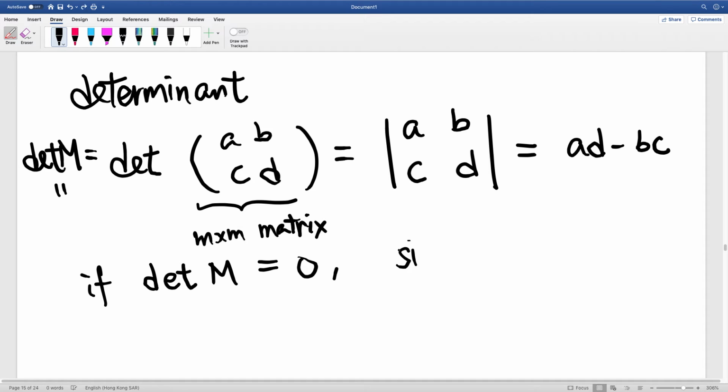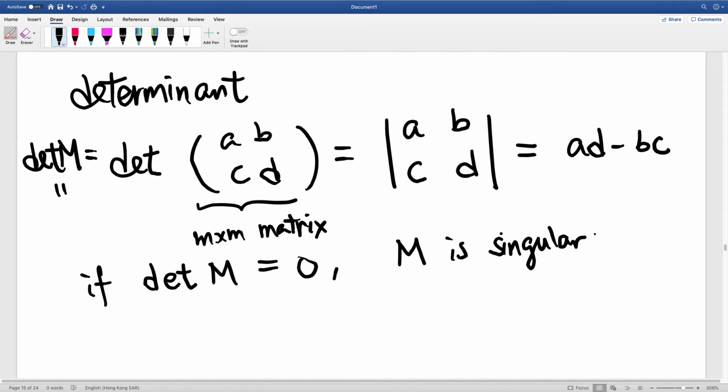Now, if the determinant of M is 0, we call M singular.